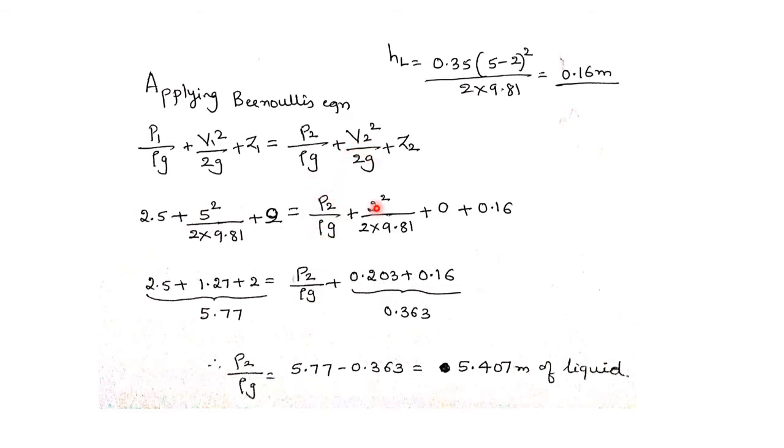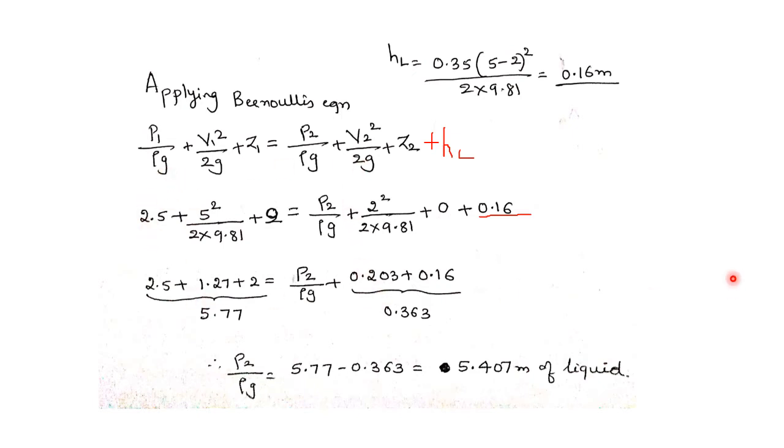V2 is 2 meters per second, 2 squared divided by 2 into 9.81. Plus Z2 is 0, because the tube is held vertically and section 2 is taken as the datum line. Then plus HL. I will substitute the value of HL as 0.16.